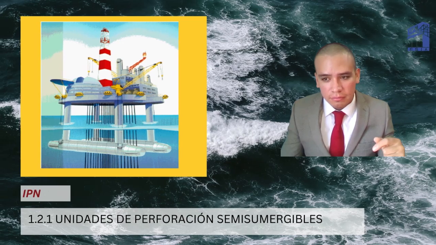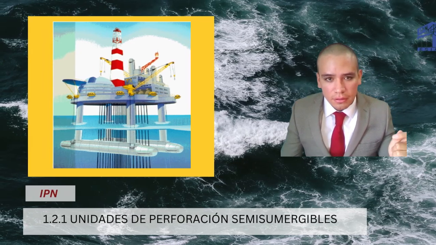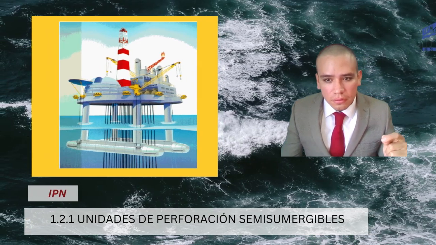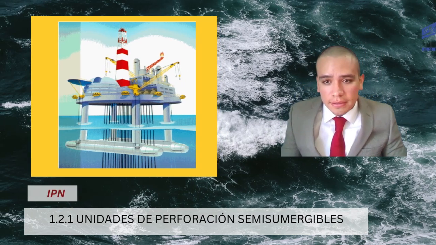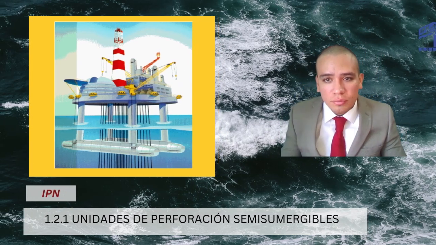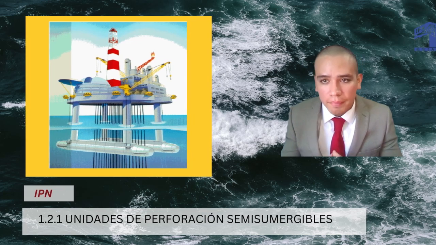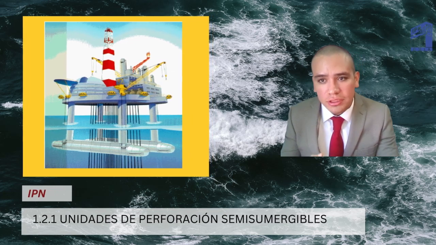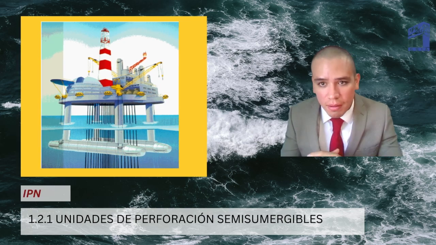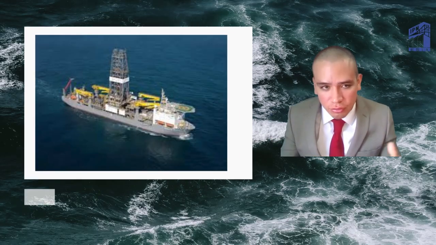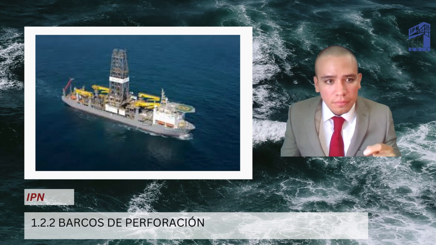They consist of 3 or 4 legs on each side, joined at the bottom by pontoons. 1.2.2 Drilling ships. It has a positioning system monitored by a control system that allows the ship to remain stable and operate in water deeper than 350 meters.